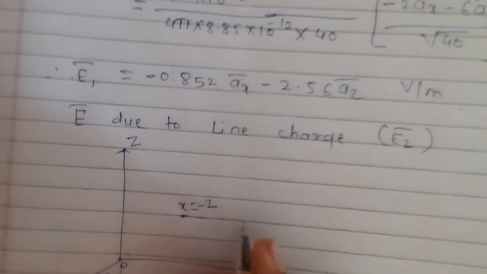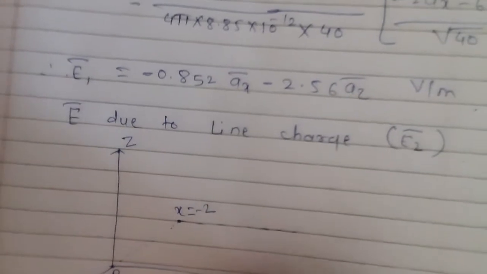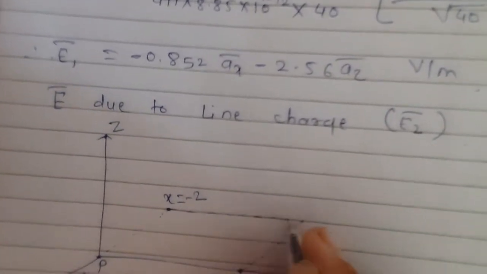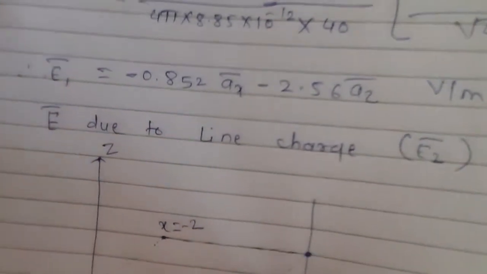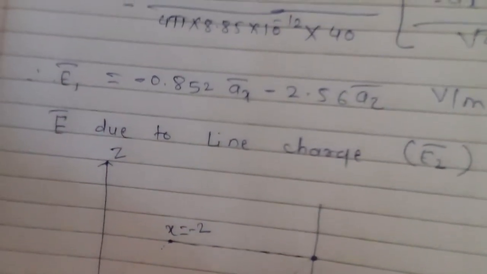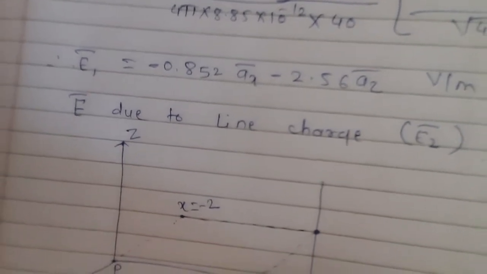So this is the P dash point, that is minus 2, 3, 0.